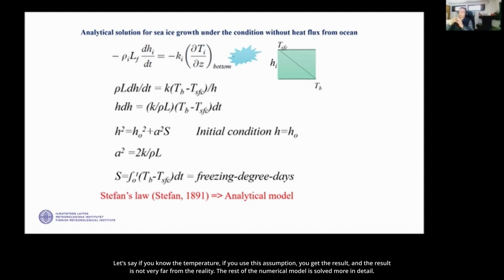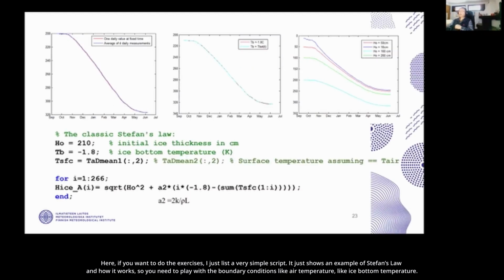The rest, the numerical model, solves something more in detail. And here, if you want to do the exercises, I just list a very simple script. It shows this example of the Stefan law, how it works. So you need to play with the boundary conditions like air temperature and ice bottom temperature.